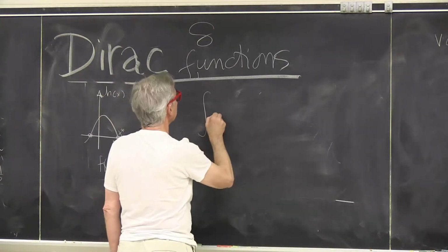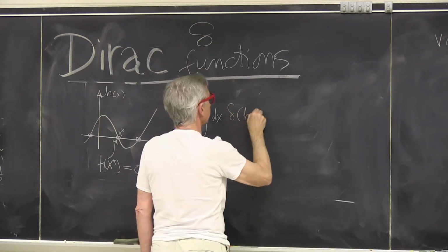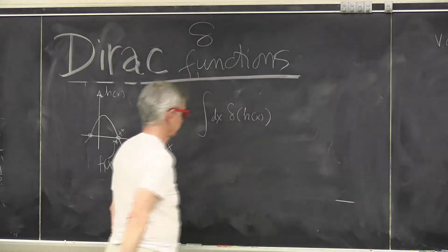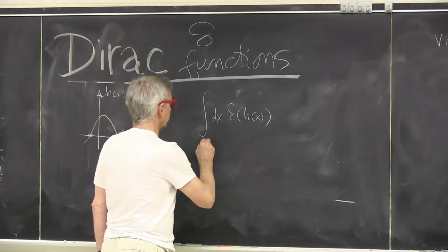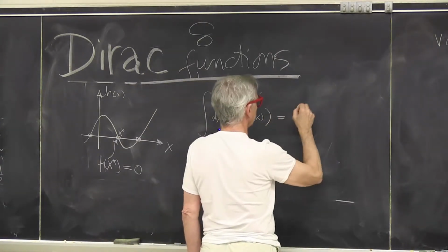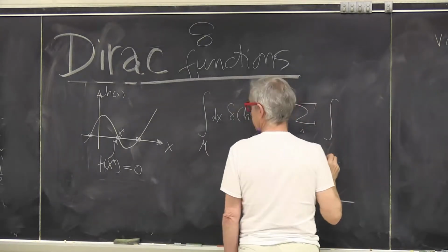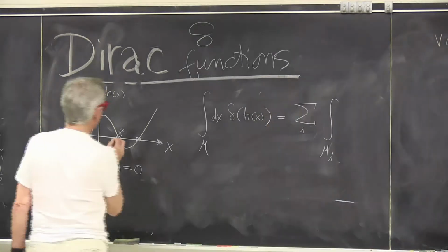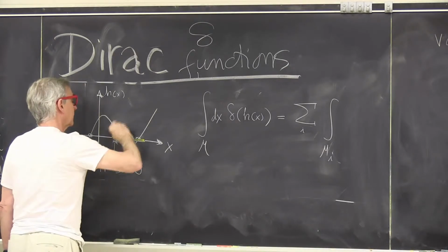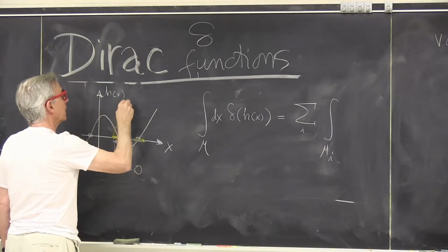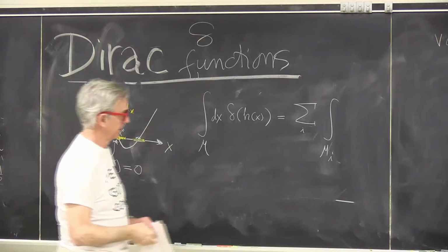Then when I look at the integral dx of delta of h of x, I only care about little neighborhoods. So this is over M. But this can be written as a sum over i, where I have little intervals, M_i. And this is the interval M star, and it contains my point.